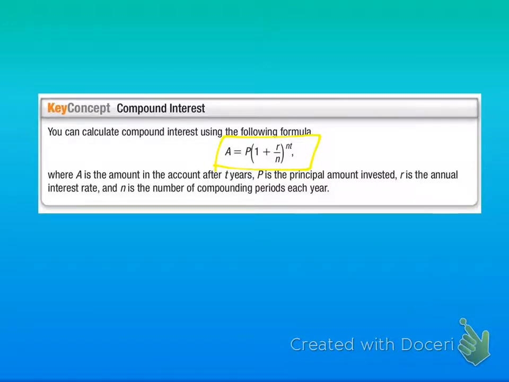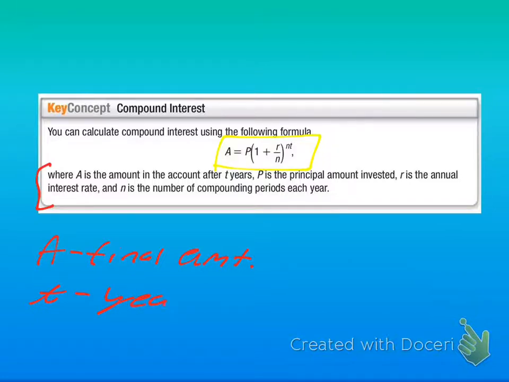It's A equals P times the quantity 1 plus R over N, and that quantity is to the N times T power. And if you look in the paragraph below, right here, it labels all your variables for you. It says where A is the amount in the account after T number of years. So A is your final amount.